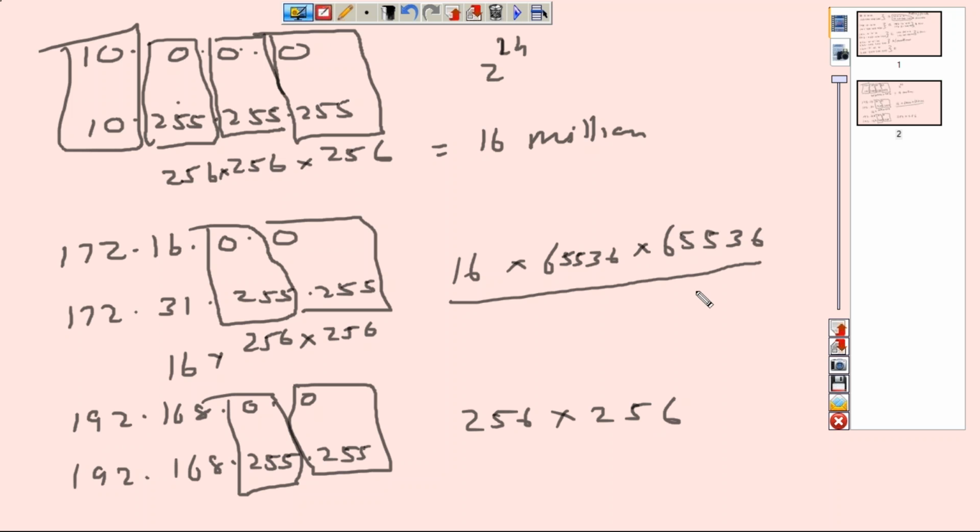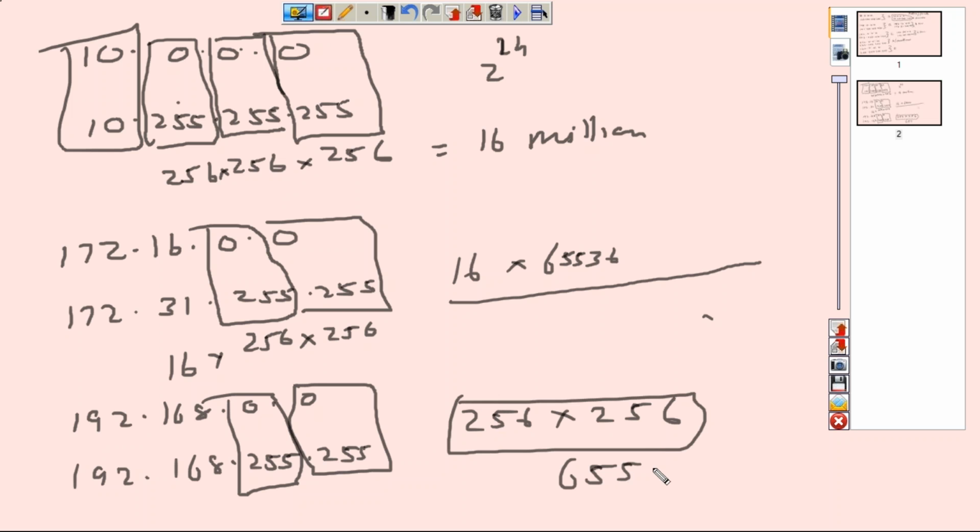No, I was wrong here. This is 16 into 65,000. So it is 65,536. So if you look at it, this is a total of 65,536 addresses which can be considered as private, right? And here you have 16 into that many. And here you have 16 million.